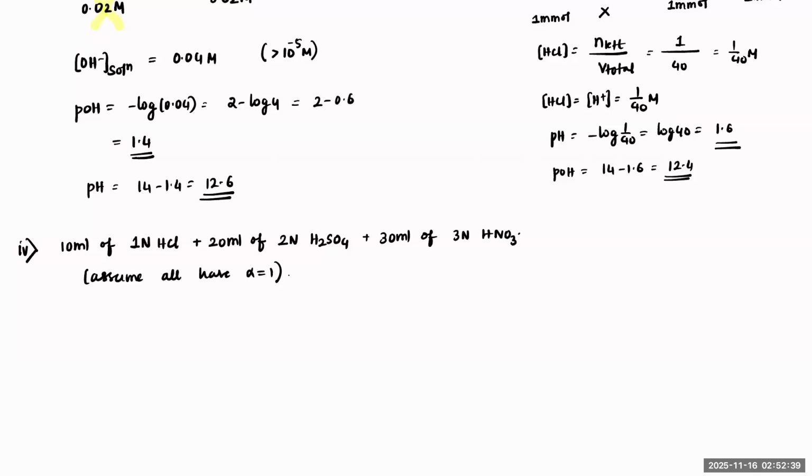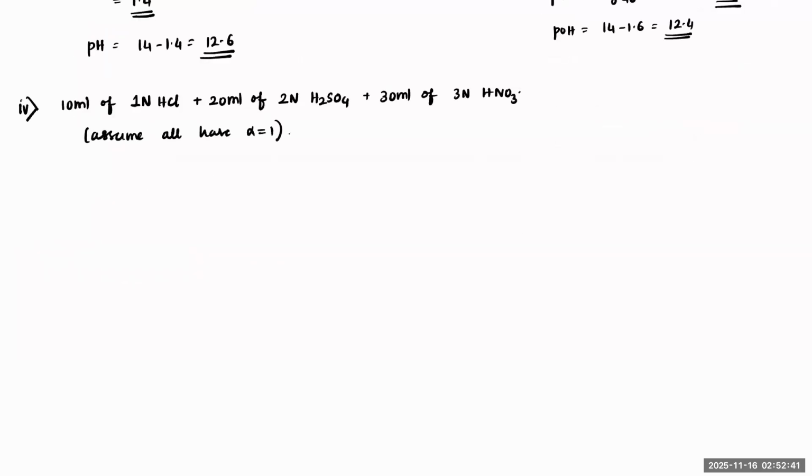Whenever normality is given, first convert that into molarity. What is the relation between normality and molarity? Normality is equal to valency factor into molarity, or molarity is equal to normality by valency factor. So molarity of HCl will be normality by valency factor, and the valency factor of HCl is 1.